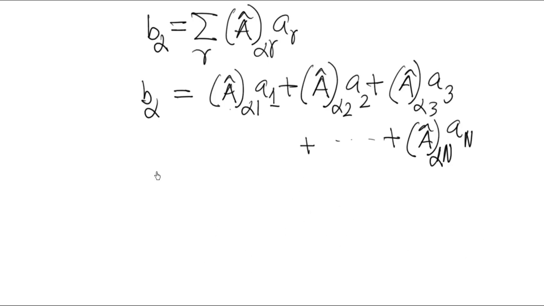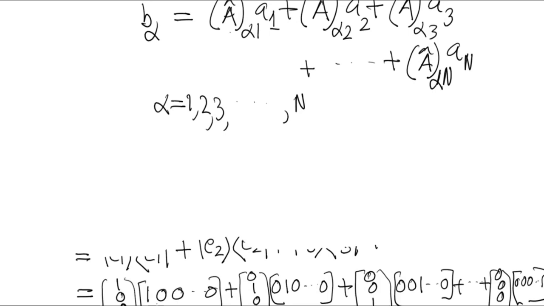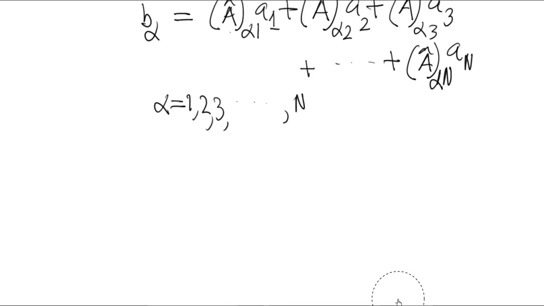Okay, now substituting alpha equal to 1, 2, 3 up to capital N, we get N number of linear equations. First one will be B1, alpha equal to 1 here.